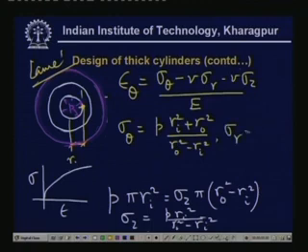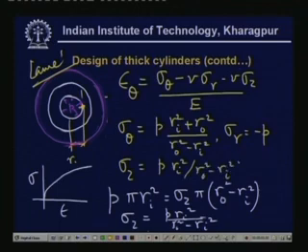Sigma r is equal to minus P, and sigma z is equal to P times ri square divided by (ro square minus ri square).